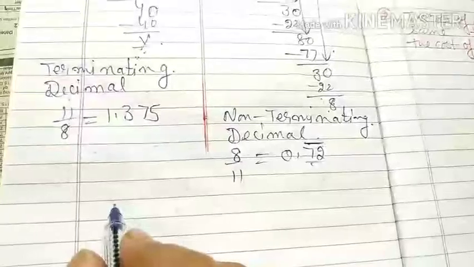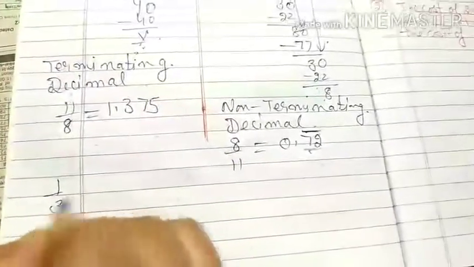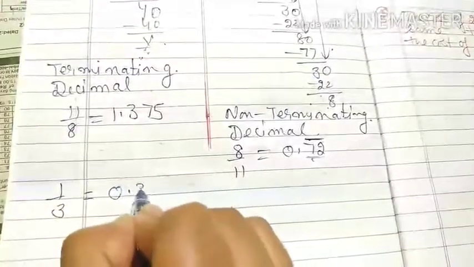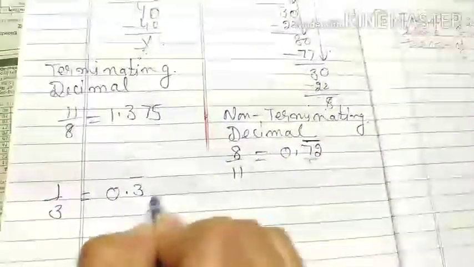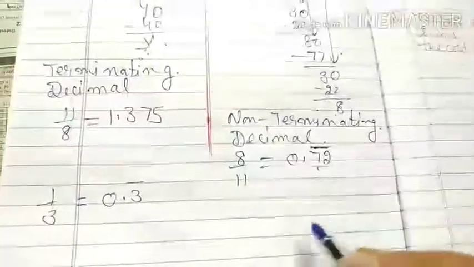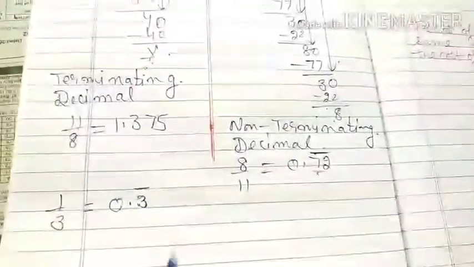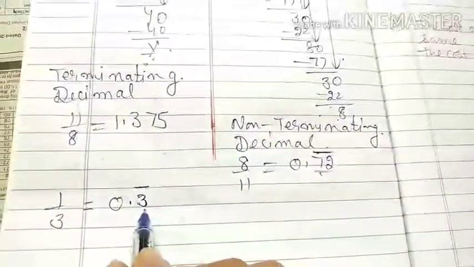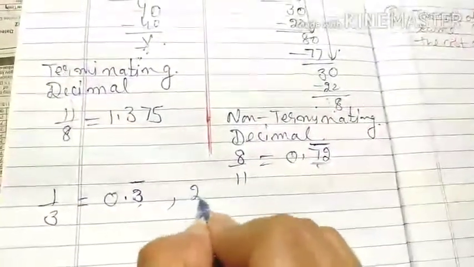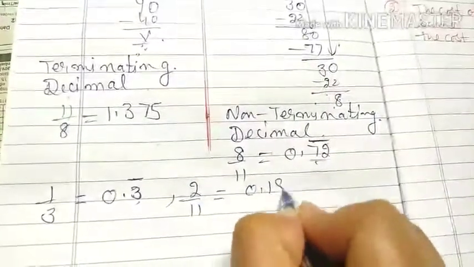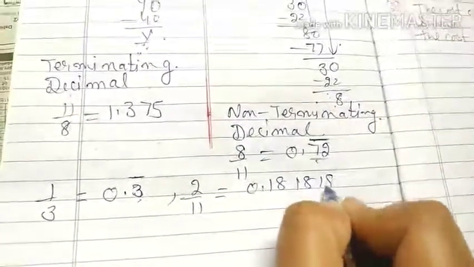Suppose I have a question 1 by 3. When you divide by 3, that gives me 0.3333. Instead of writing 333 again endlessly, we mark 3 with the bar line. That means 3 is repeated infinitely. Similarly, if 2 by 11 is there, when you divide, you get 0.181818 and so on.